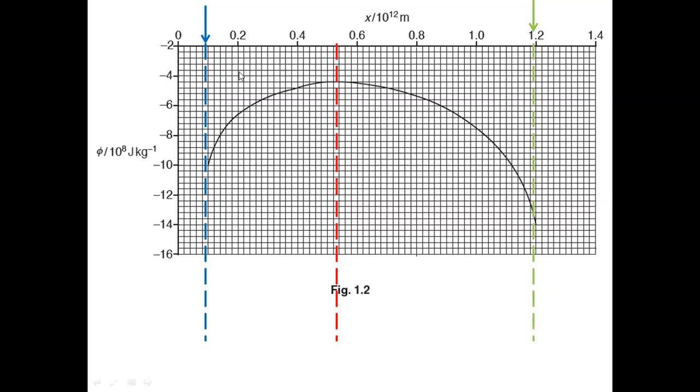So what does this first part of the graph tell us? This actually tells us that the net effect on the rock at this part is to be attracted towards star A. So as the rock moves from this point towards this point, it has to go against the attractive gravitational force towards A.